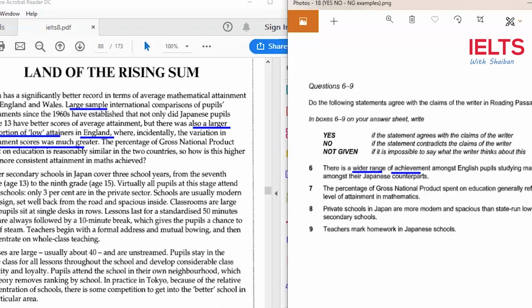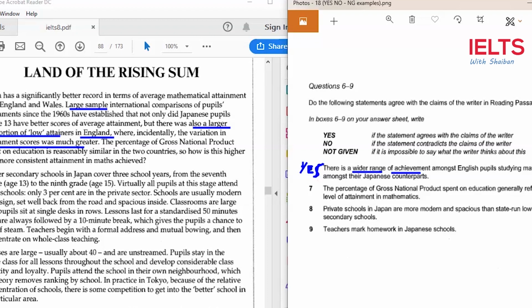So it is yes. So the first answer is yes. So question 6 is yes. And again, as I said, you have to write the word fully in the exam. So not just Y, or you don't have to put a tick. So you have to write the word fully. So number 6 is a yes.